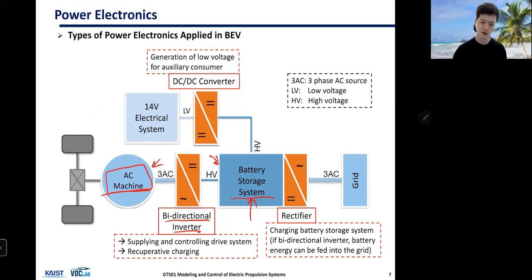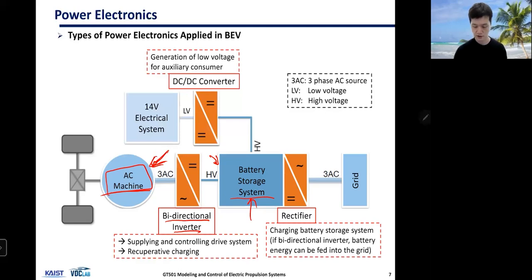So you need a converter to make sure you provide consistent and constant voltage at the electric machine. Or you might want to control voltage at the AC machine terminal, so that you can change efficiency and torque of the electric machines.